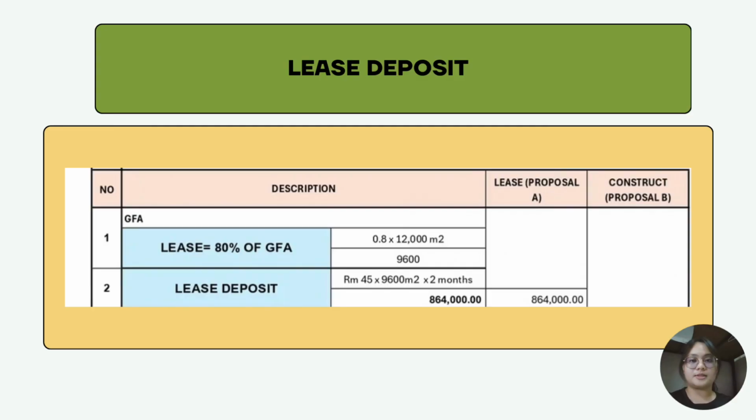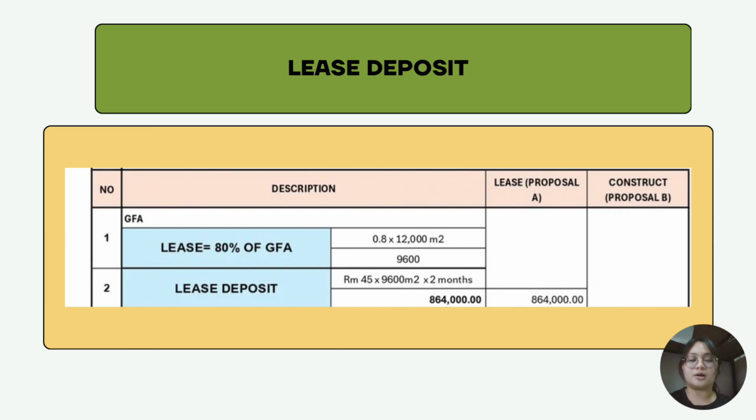First, for the lease deposit, we need to calculate the usable area. For the usable area, only 80% from the GFA, so 0.8 times 12,000 meter square. We get 9,600.